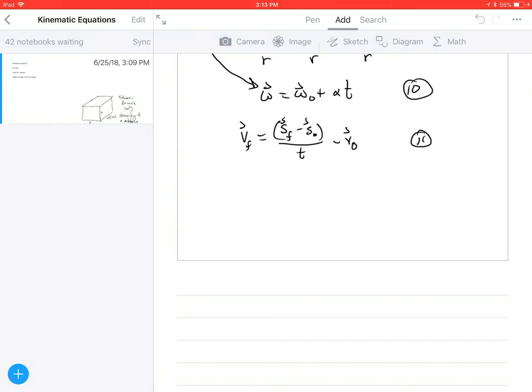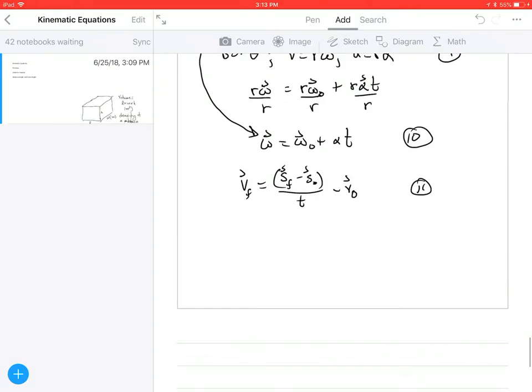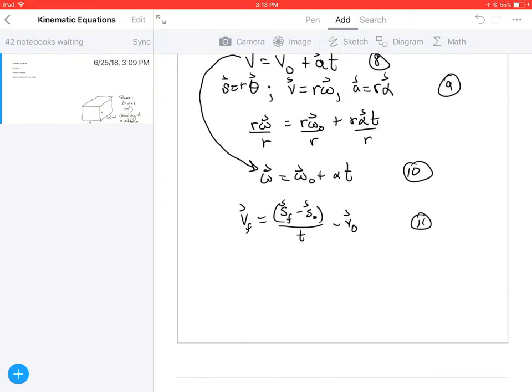Equation number 11. So if we just go by the same rules of substitution as we did before, we would have something very similar. So we're going to say r omega equals r theta final minus r theta initial all over time minus r omega initial.